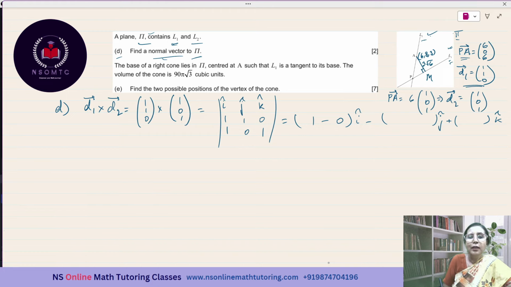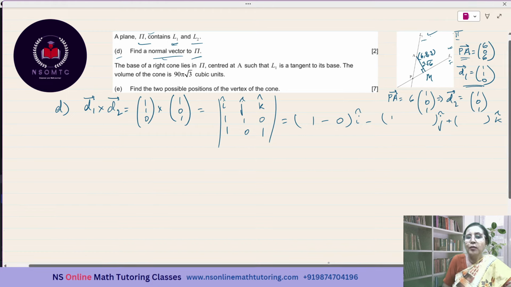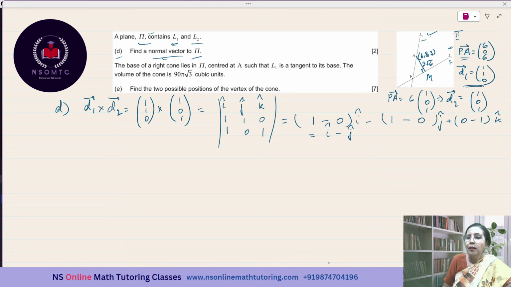For j, it is again 1 minus 0. And for k, it is 0 minus 1. So this is i minus j minus k.